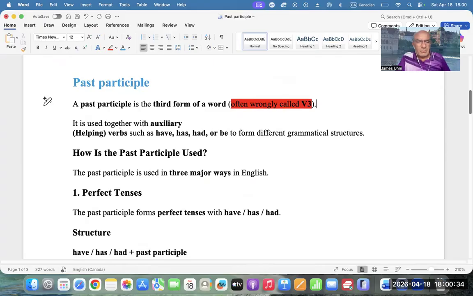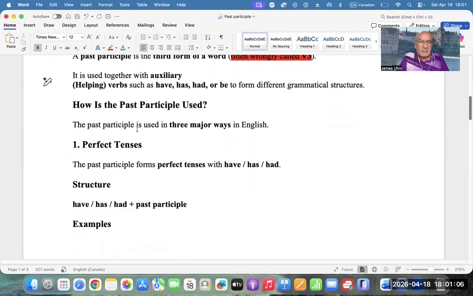It is used together with auxiliary, or if you want, helping verbs, such as have, has, or had, or be, to form different grammatical structures. This applies to grade 4 and grade 5. But how is the past participle used? The past participle is used in 3 major ways in English.